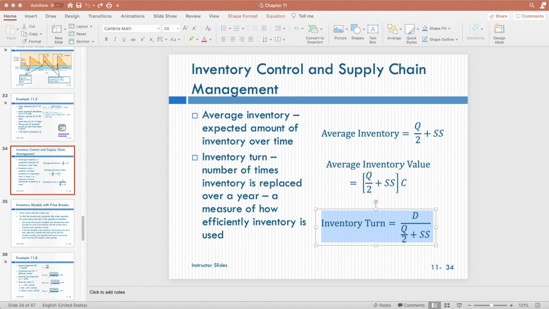That's your numerator. Then let's look at the denominator. It's probably very similar to what you already saw within the previous equation. So the Q over 2 is simply what?